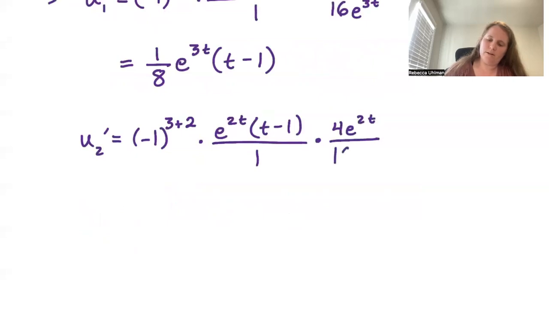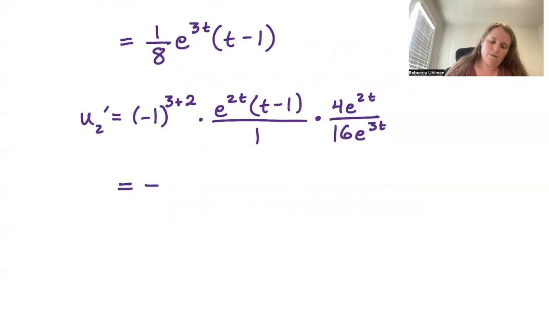Then divided by 16e to the 3t. That is negative e to the 2t times e to the 2t is e to the 4t divided by e to the 3t is just e to the t. We will have a negative 1/4 e to the t times t minus 1.